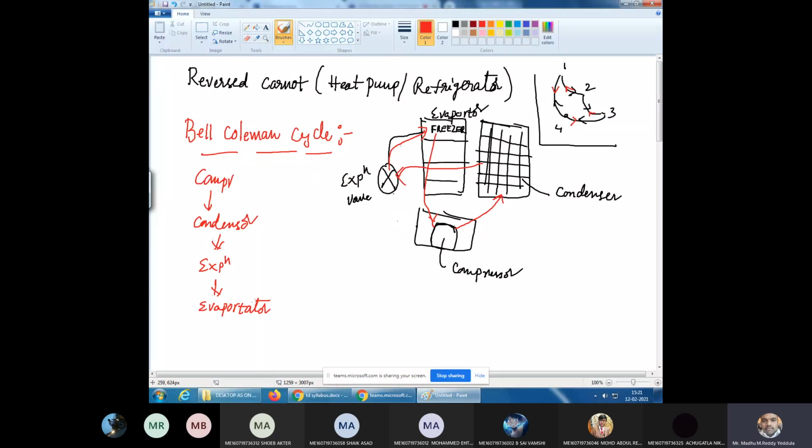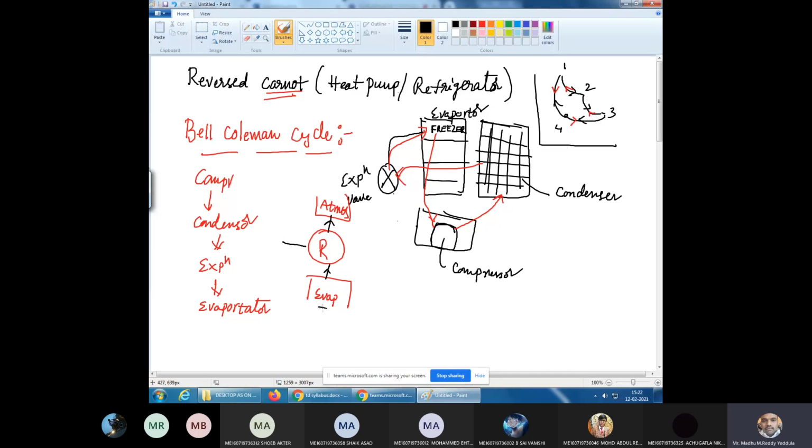Okay. So usually in refrigerator, as I told, it is a reversed Carnot cycle. Okay, a reversed heat engine, right? So this is your refrigerator, and this is your evaporator, and this is your atmosphere. Okay, so it takes heat from the evaporator and it will supply to the atmosphere, right?